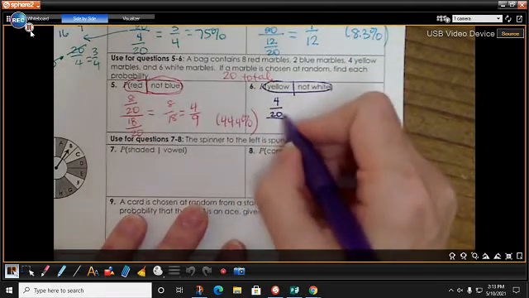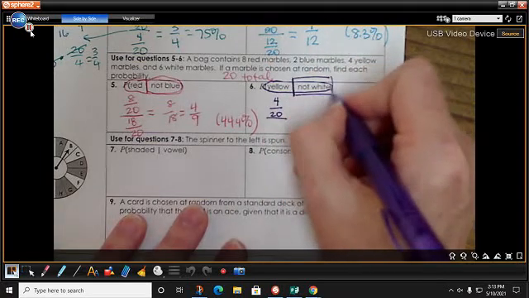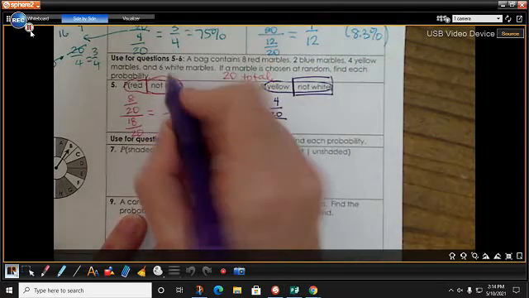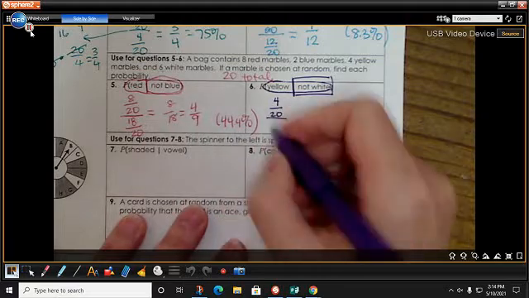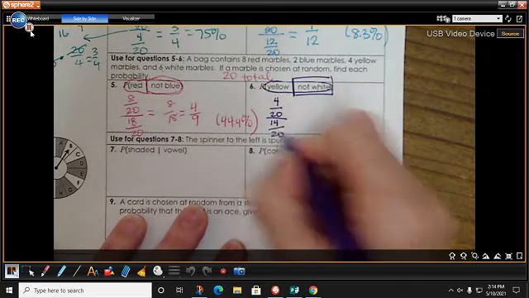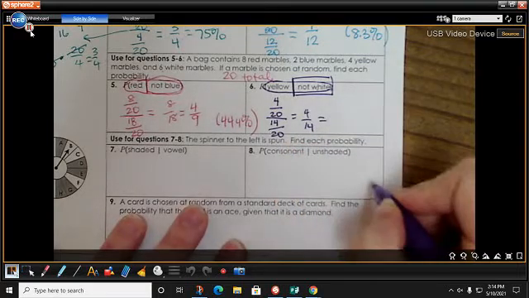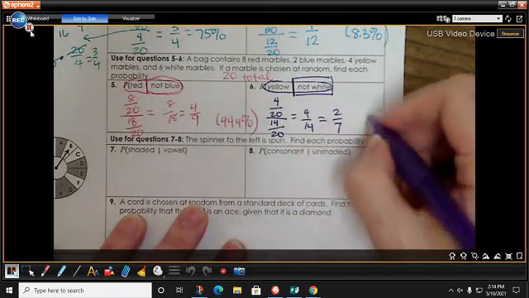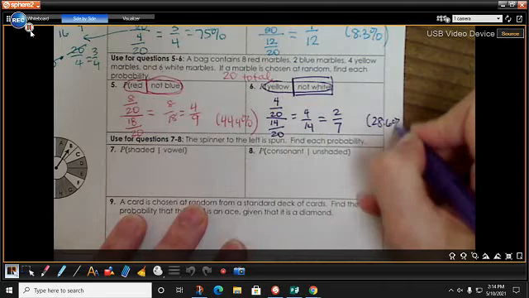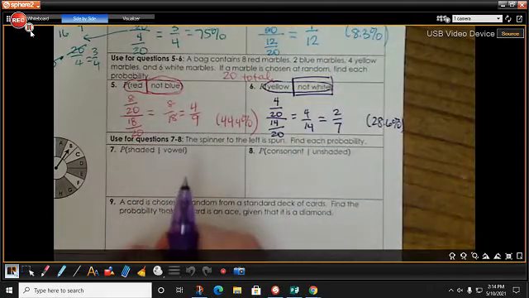And then I say, okay, what's that chance happening out of given that I don't have white? Well, I have 6 white marbles, so that tells me I have 14 not white marbles out of 20. So that's a 4/14 chance, which is a 2/7. And that's about a 28.6% chance of drawing a yellow, given that what I drew was not white.